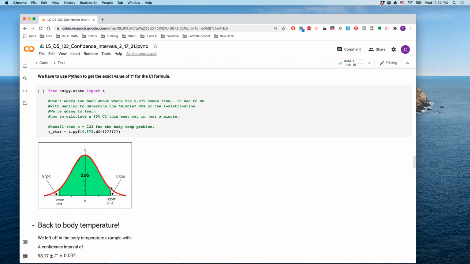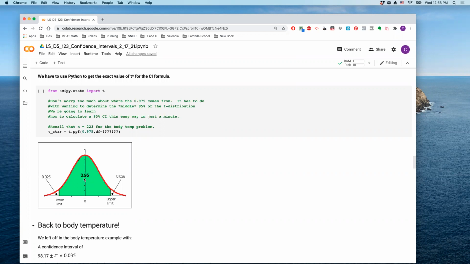What it returns is a number, plus and minus something close to 2. It returns it when you feed into it the proportion of data that you expect to fall to the left of this line.